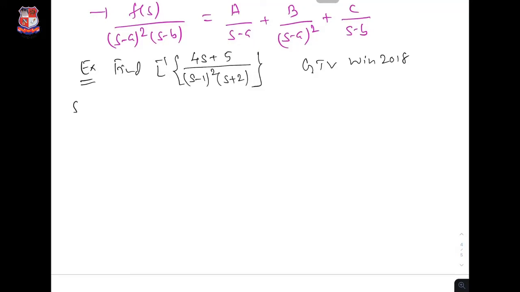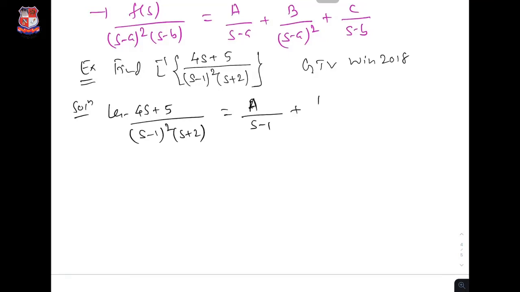So now let (4s + 5) over (s − 1)²(s + 2) equal A over (s − 1) plus B over (s − 1)² plus C over (s + 2).